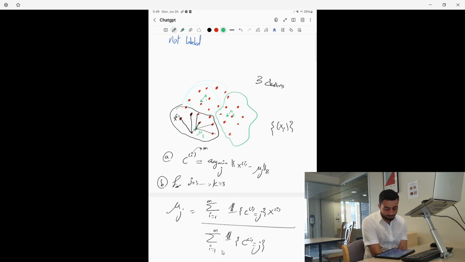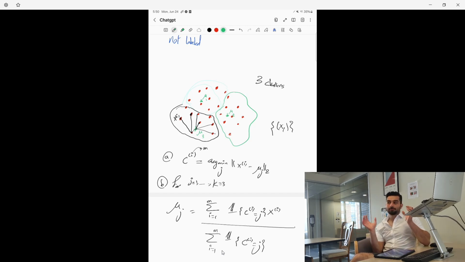Mu1 will be the mean of, okay, that's very beautiful, right? Which makes sense. So we have an initial set of points. Then we say which set of centroids, initial centroids, we take data points that are closest to those centroids compared to other centroids.